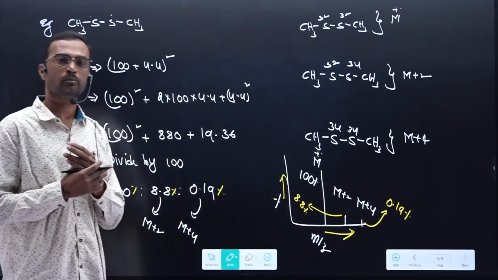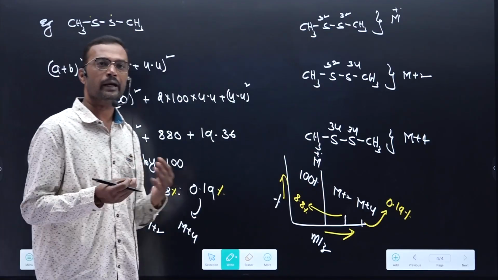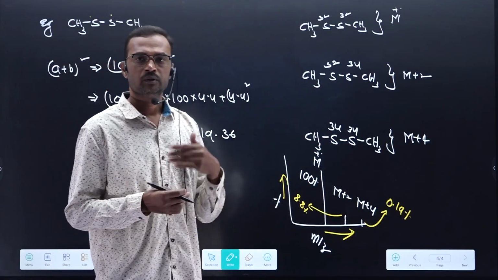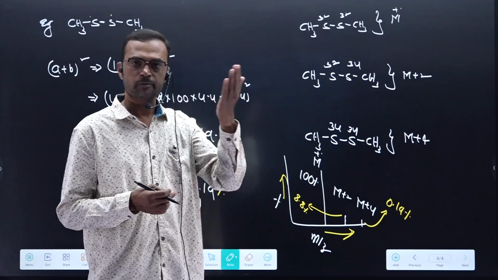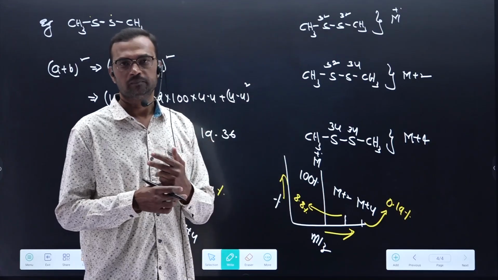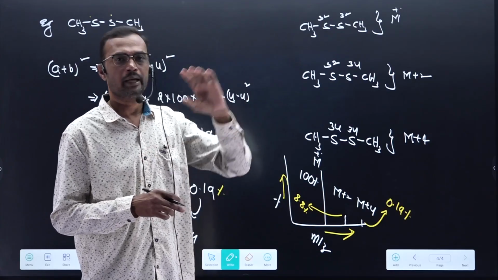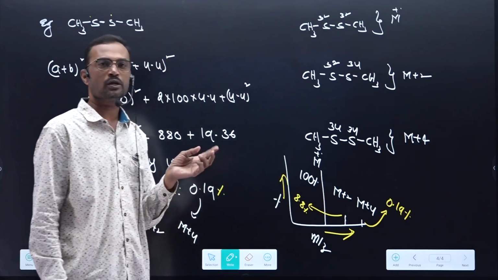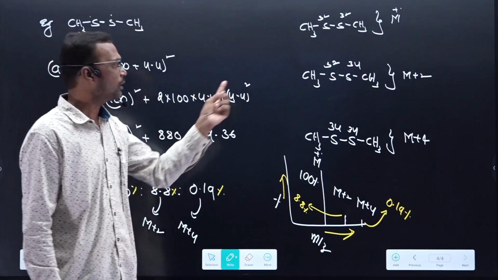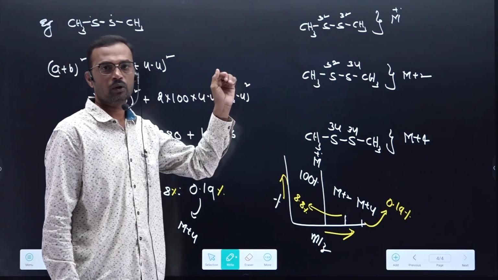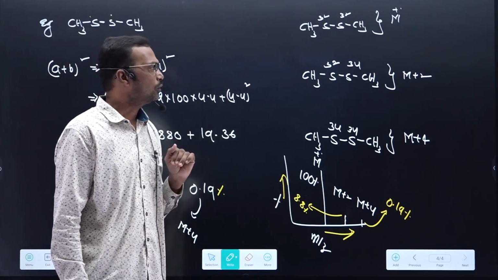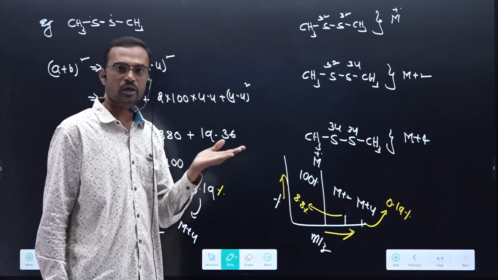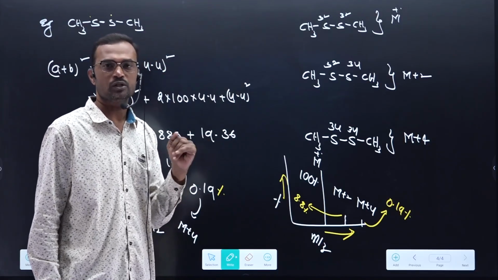Metastable ion is also very important one, because normal ions generate cations in their ionic chamber. But metastable ion, it is going to be generated in a place other than the ionic chamber. Okay, so double focus mass instrumentation, single focus mass instrumentation is there.